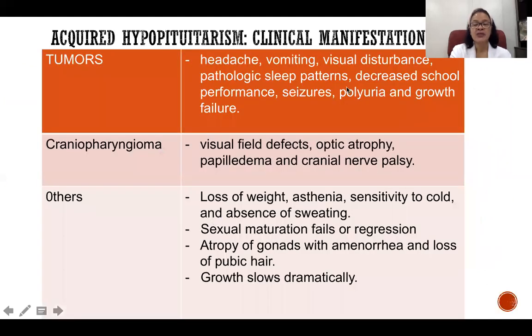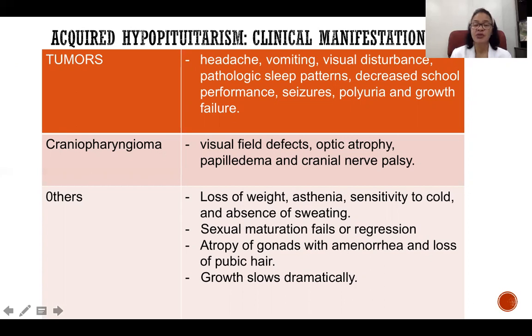Okay, so how about patients with acquired hypopituitarism? The manifestations, especially if the cause is a tumor: usually the patient would complain of headache, would manifest vomiting, and some visual disturbances because the optic nerve might be involved. There might be pathologic sleep patterns, decreased school performance, because of that lesion there.